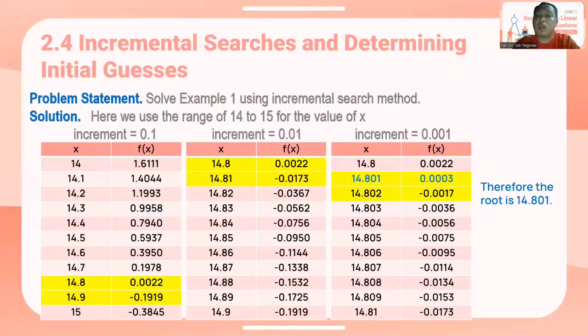So again, we will have another increment. From 14.8, we will have a 0.01 increment. So we can have 14.8, then 14.81, 14.82, 14.83, 14.84, until it reaches 14.9.